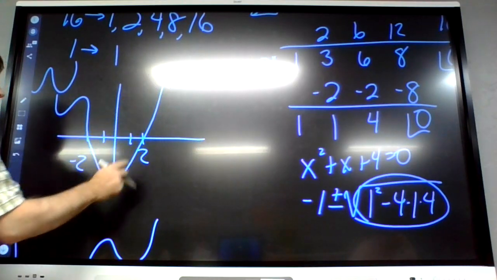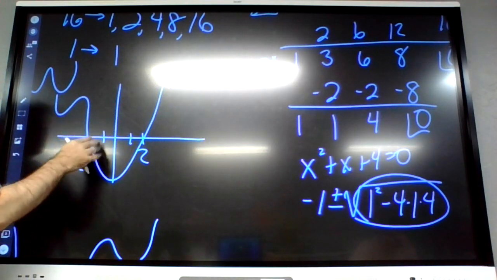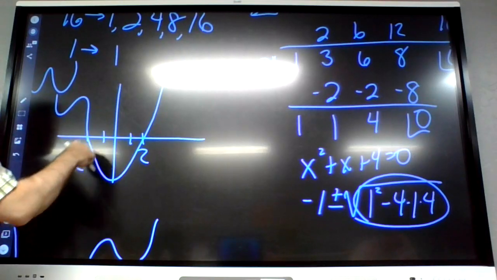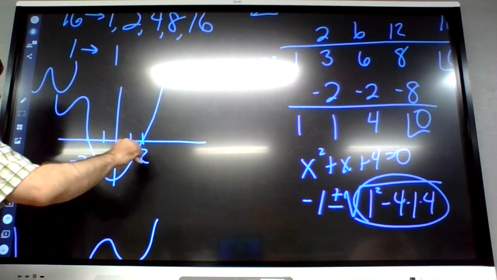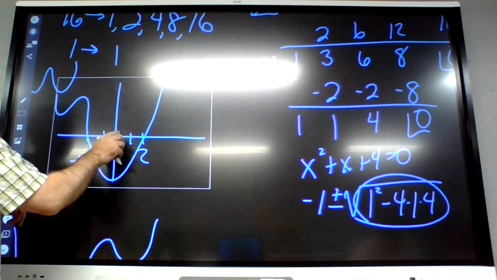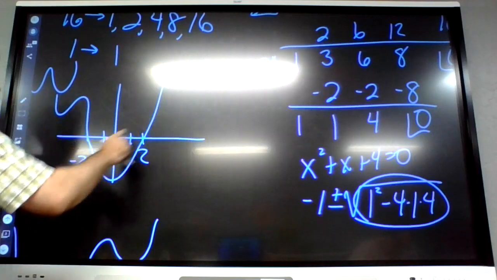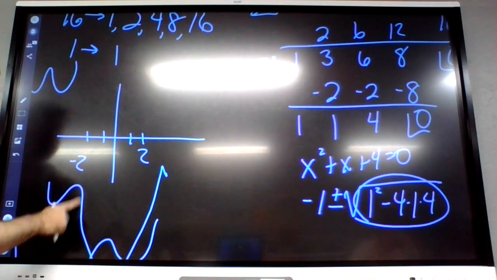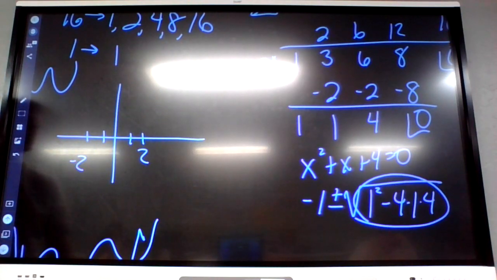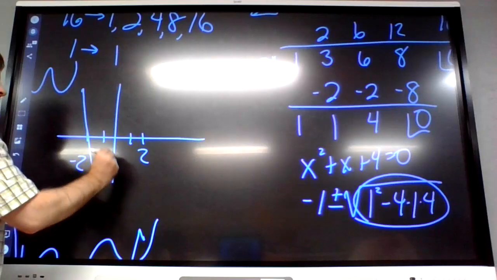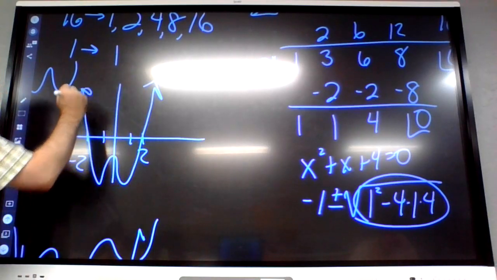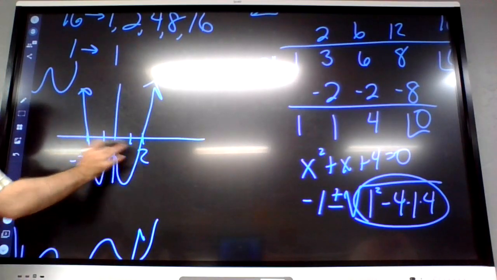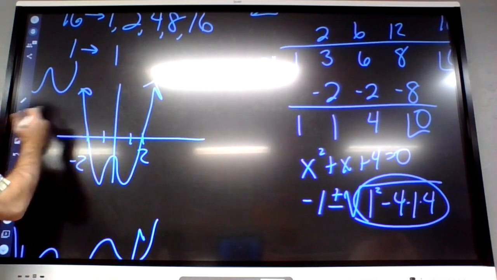Doesn't really matter. Everything between negative 2 and 2 is negative, everything outside is positive.